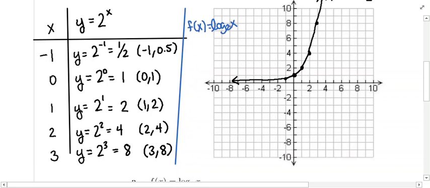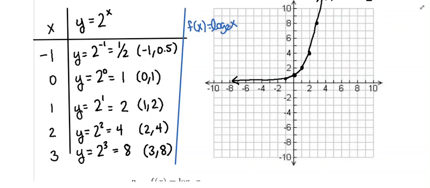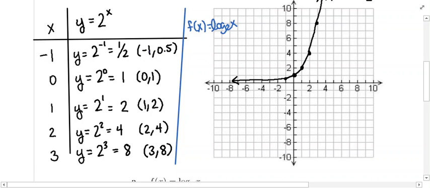All I have to do is take the coordinates on 2 to the x and switch the x and y points. So -1, 0.5, switch x and y. 0.5, -1 is going to be a point on the graph of log base 2 of x.